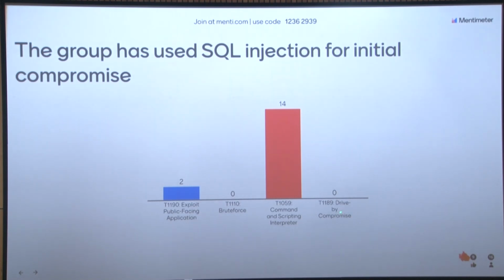One more thing I would like to explain is this TTP, drive by compromise. Even though these options are wrong, I will explain this TTP so that you can get familiar with these things. Drive by compromise happens when the attacker tries to convince the victim to do some action, and because of that action the victim may get compromised, such as a malicious advertisement attack.